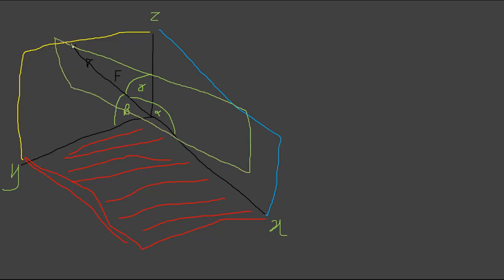The easiest way to understand is you take two planes, right? So let's take y and z. So you can take the components. This would be F cos gamma and F cos beta, right?